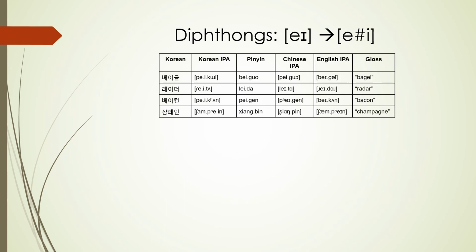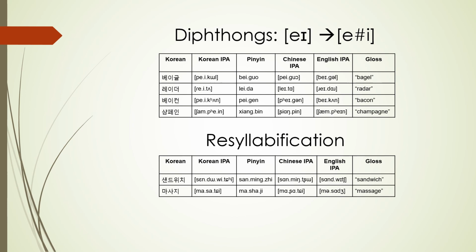With vowel diphthongs, I specifically found a lot of words with the A diphthong getting changed to the A, E in separate syllables. So you see that here in bagel, radar, bacon, champagne, all have the A, E split into two syllables.